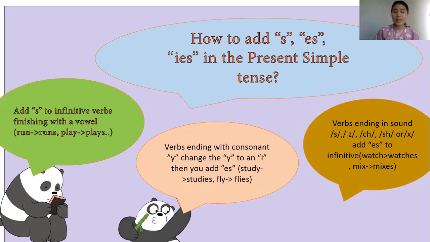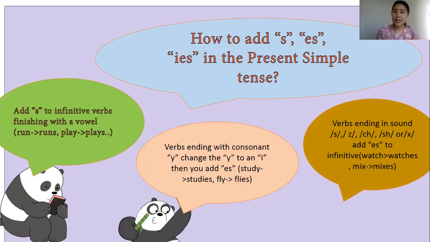The second thing is the verb ending with a consonant plus y. You change the y to an i, and then add es. For example, the verb study. The y here comes after a consonant, so I have to change the y to an i and then add es. So I have studies.